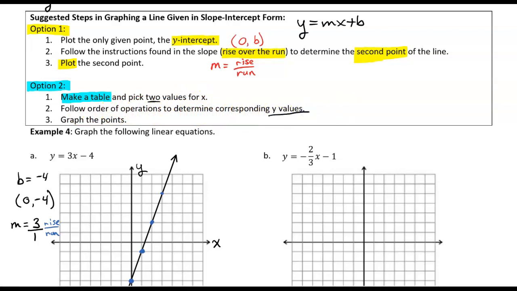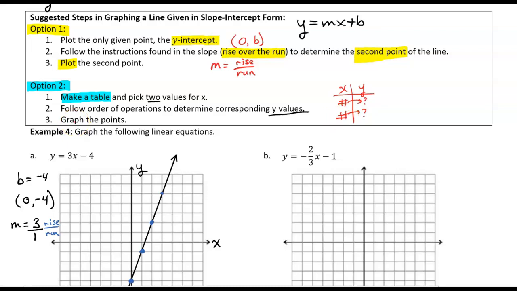So we'll make a table where we have some x's, and the y value, we're going to use whatever numbers we choose here, and we're going to plug into the equation to find the y's, right? We're going to figure out what are the y values that match those x's. And then we graph, and we have our picture.